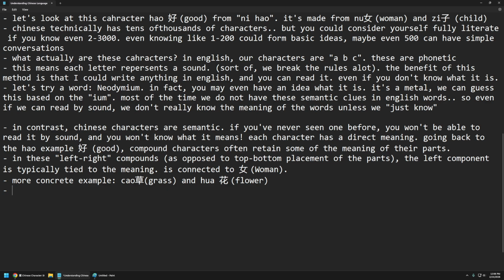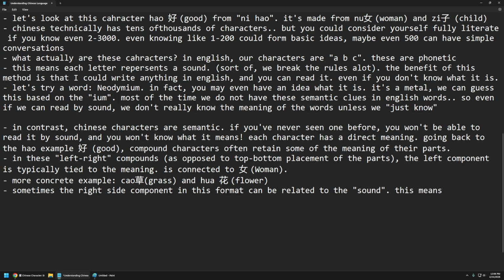So this means that even though we don't know anything by looking at a character that we don't recognize, we can still guess at the meaning based on context. Sometimes you can even guess the sound as well, because sometimes the right side component in this format can be related to the sound.